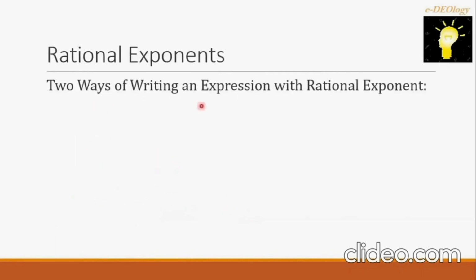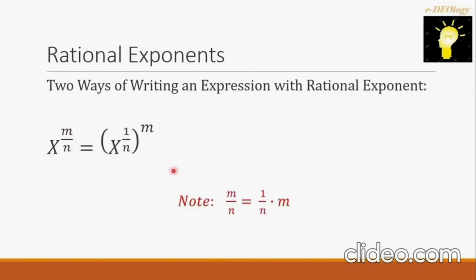There are two ways of writing an expression with rational exponent. The first one is this. When we have x raised to m over n, it seems like we're going to split the m over n fraction into two factors.